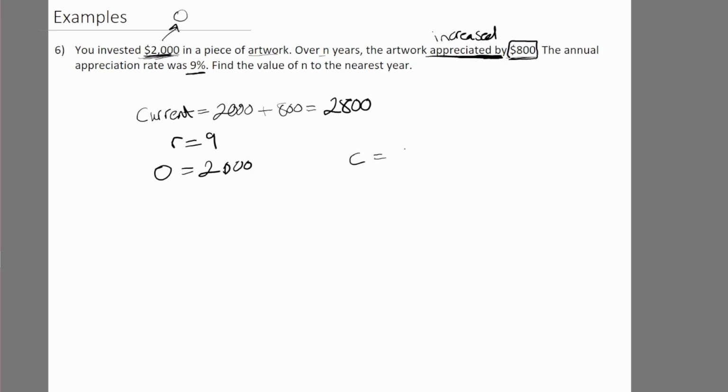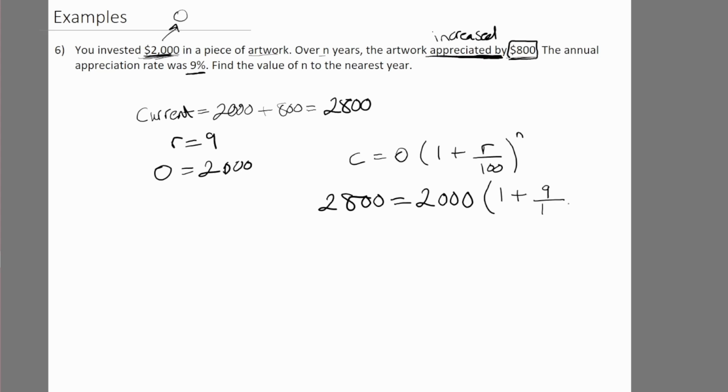Current is equal to original multiplied by 1 plus, because this is an appreciation scenario, to the power of n. All right. Now we know the current price being 2,800 and the original is 2,000, and 1 plus 9 over 100 to the power of n.